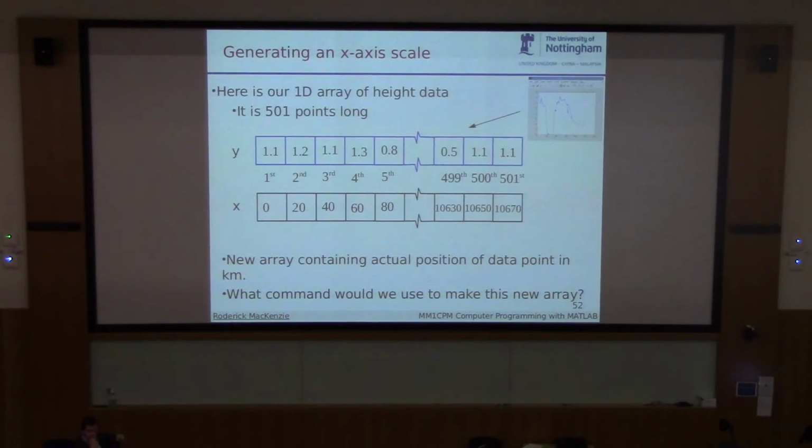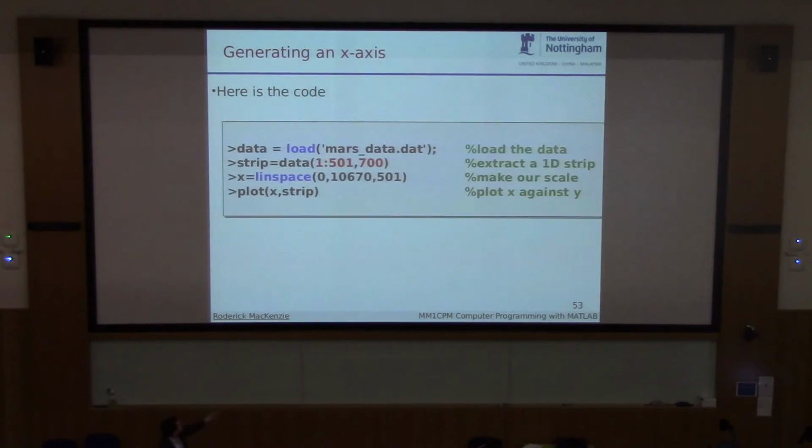So which command would you use to generate an array with a regular number that's increasing to a number that you like? Linspace, yeah? So we can just generate this with linspace. So all we do is we load the 2D data, take the strip from it, so that's just taking this big 1D strip, and then linspace generates our x-coordinate.